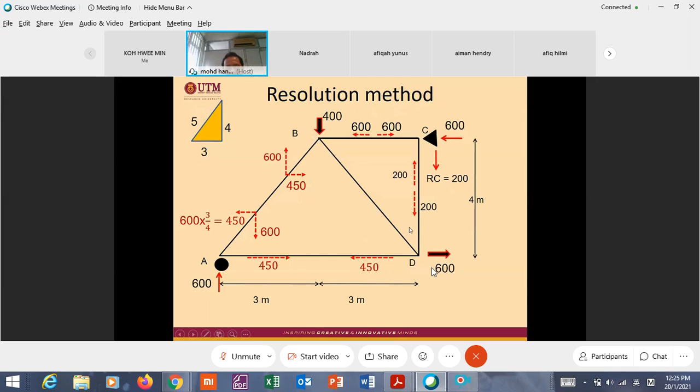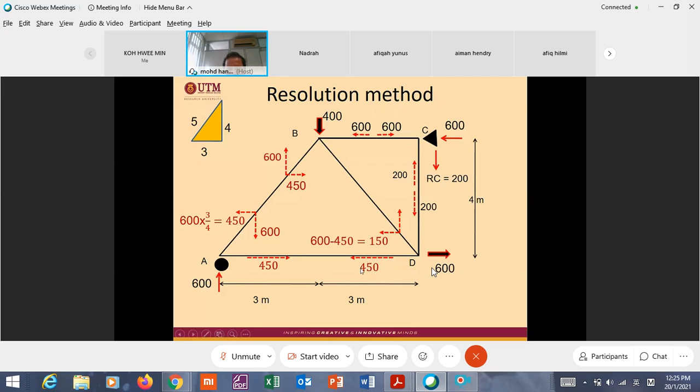Therefore, to make this joint equilibrium, you have 450 here, you have 600 here, so you must have another 150 to make this joint equilibrium. 150.